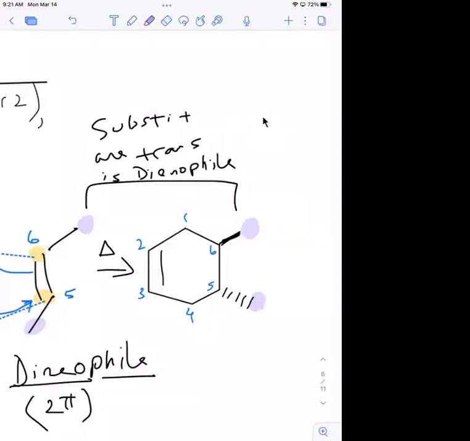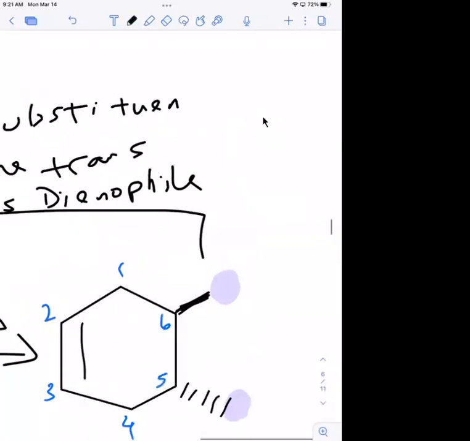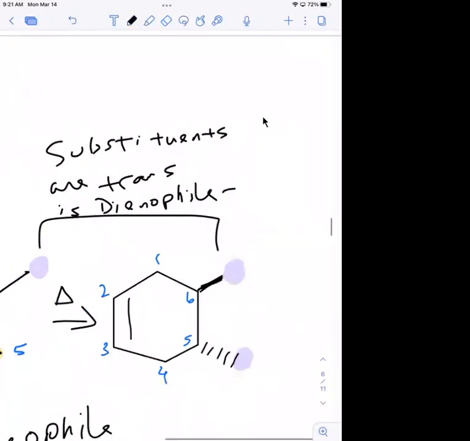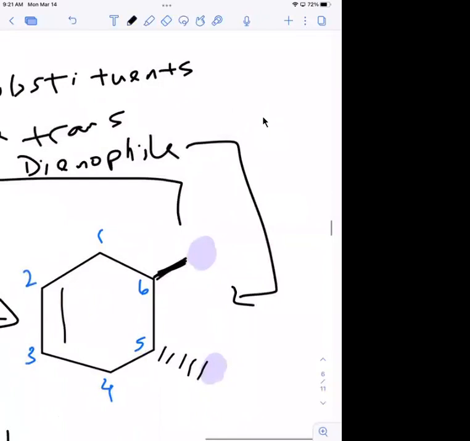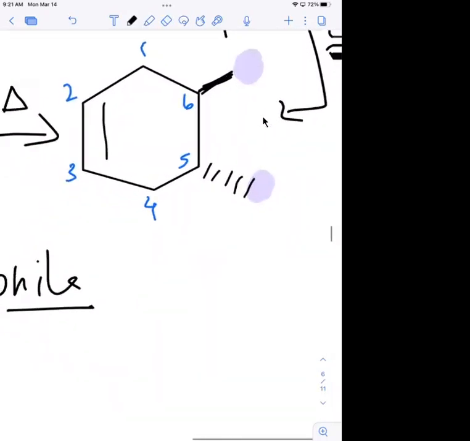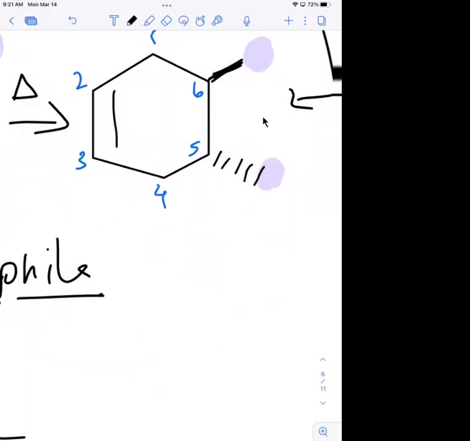They also have to be trans in the product. Right, so they have to be trans in the product. That's one of the characteristics of the reaction. We say that the reaction is what we call stereospecific. That's the term for that.